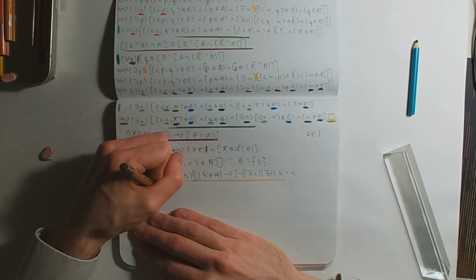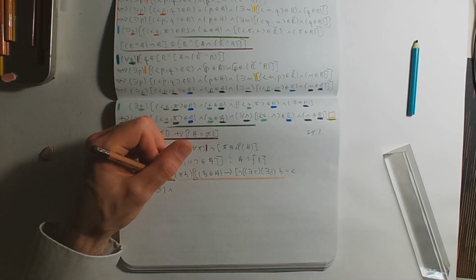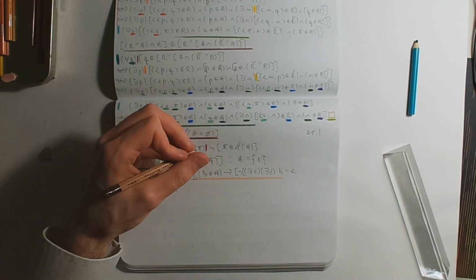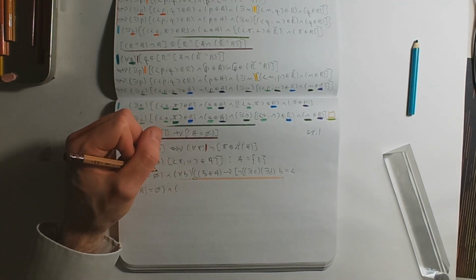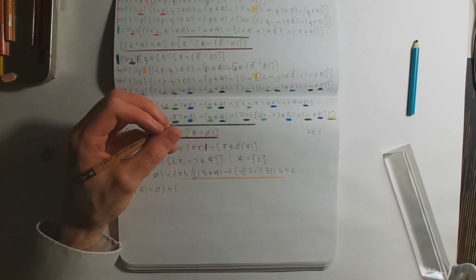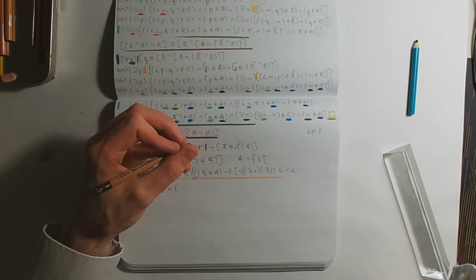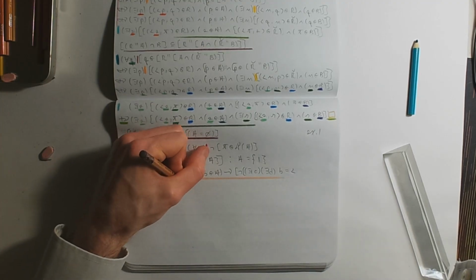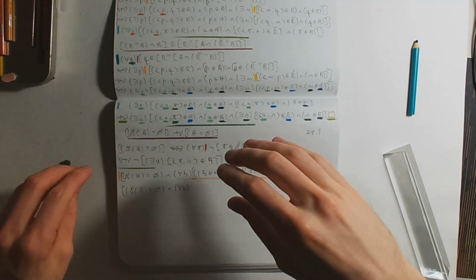Rather, the domain of A is equal to the empty set, and for all B, should we do for all D, I guess?